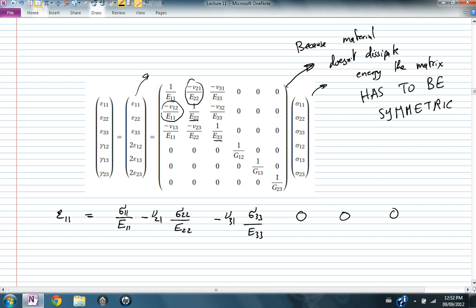And so the 9 constants that I need to calculate in the lab are G23, the shear modulus that relates the shear strain with the shear stress in this plane, epsilon 13 with sigma 13. I need to calculate 3 different shear moduli, 3 different Young's moduli, and 3 different Poisson's ratios. These will fully describe this material for me.